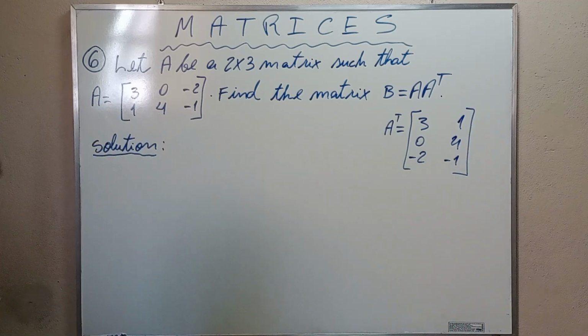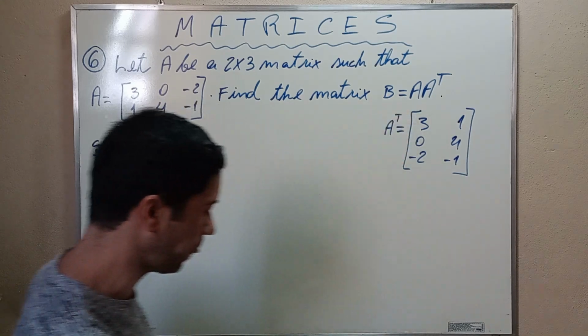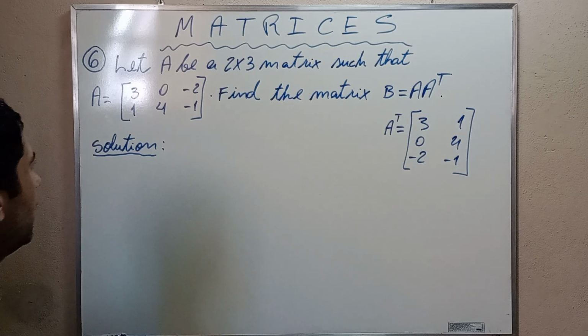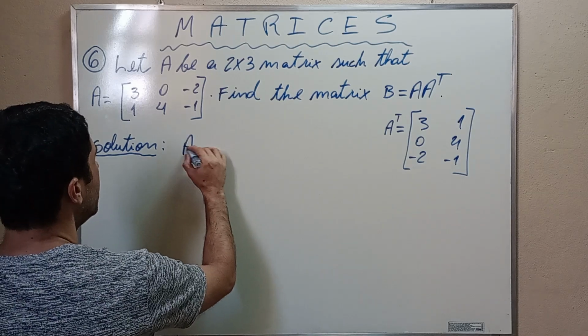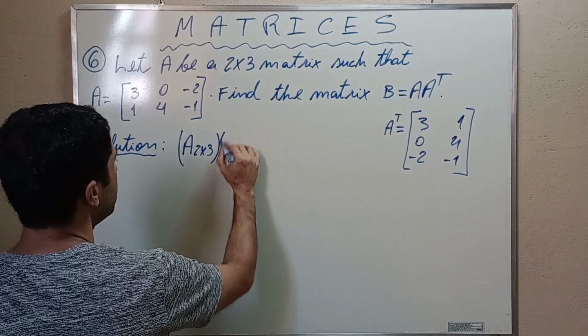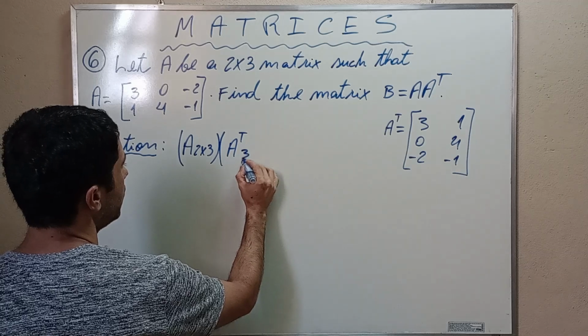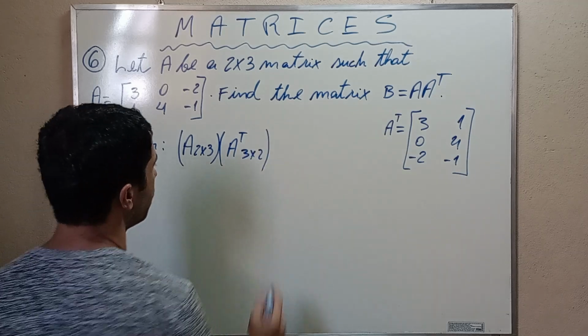Now that we have A and the transpose of A, we need to assess whether this product here is possible. Observe that A is a 2 by 3 matrix and the transpose of A is a 3 by 2 matrix.